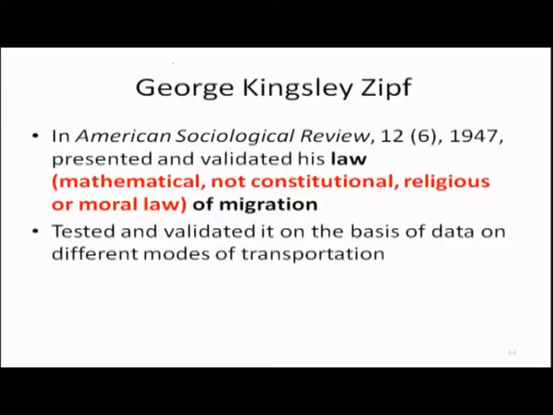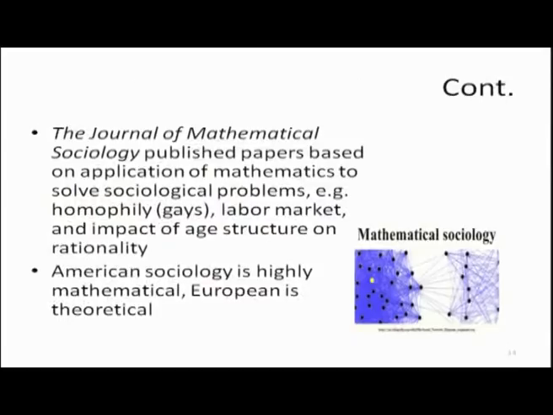George Zipf, using the positivistic approach, developed a mathematical law of migration and tested and validated it on the basis of data on different modes of transportation. This is an example of mathematical type of research. There is even a journal, the Journal of Mathematical Sociology, which publishes papers based on application of mathematics, not simple mathematics, advanced mathematics.